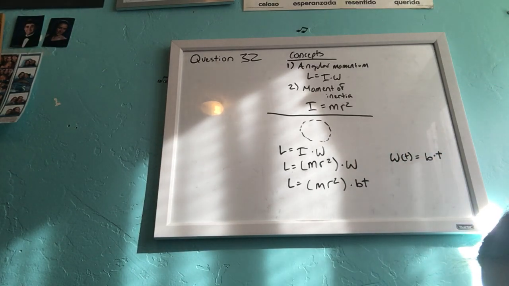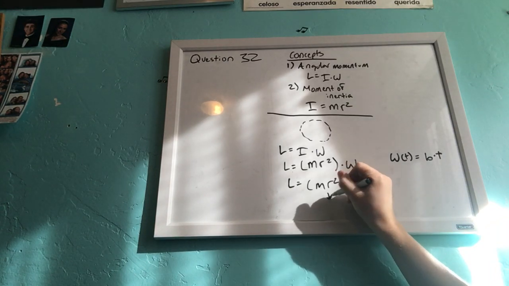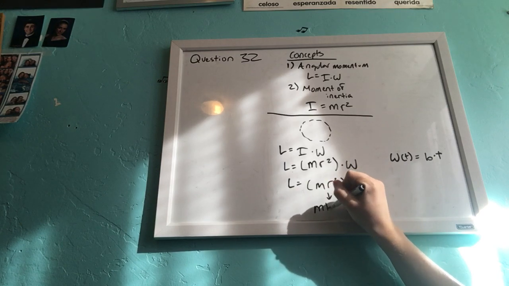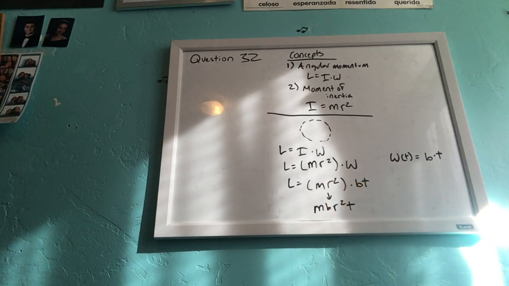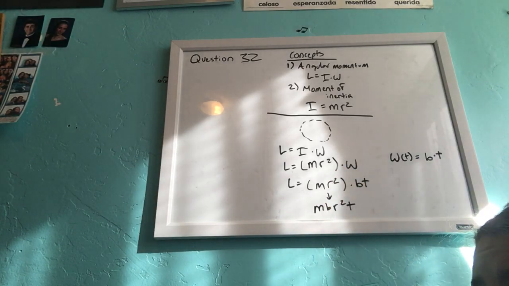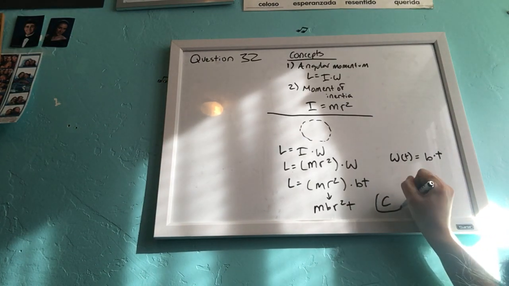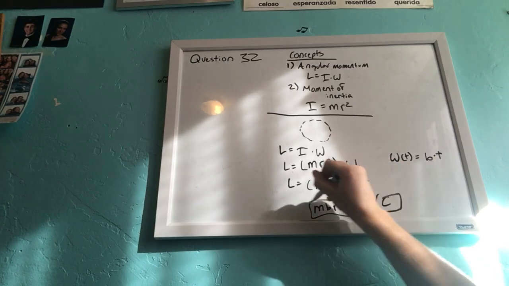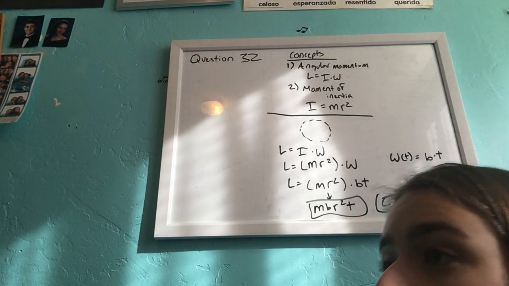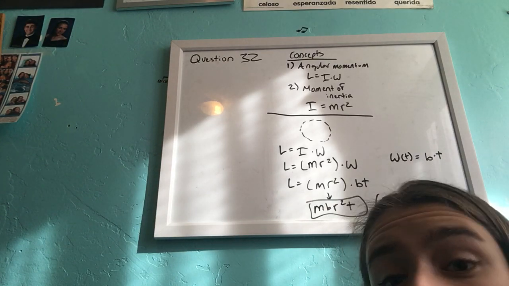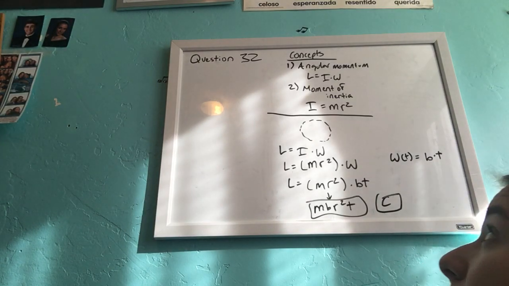And so then the answer for this problem is C, and it basically just rewrites it a little bit, mbr squared t, which is just moving around the variables. So the correct answer to this question is C. Basically this question is just plugging in what we know and using equations that we know to solve for angular momentum.